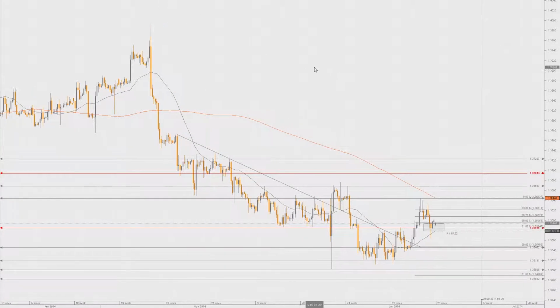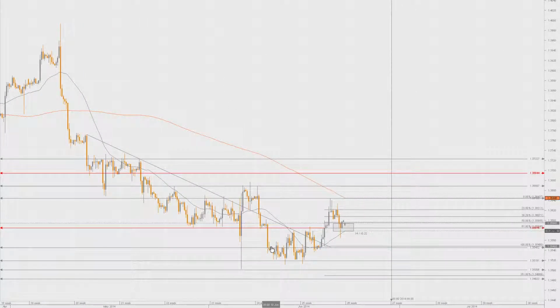Zooming out. See here the same pin bar, the drop lower. Here the indecision and a push higher. Dropping into the support again.